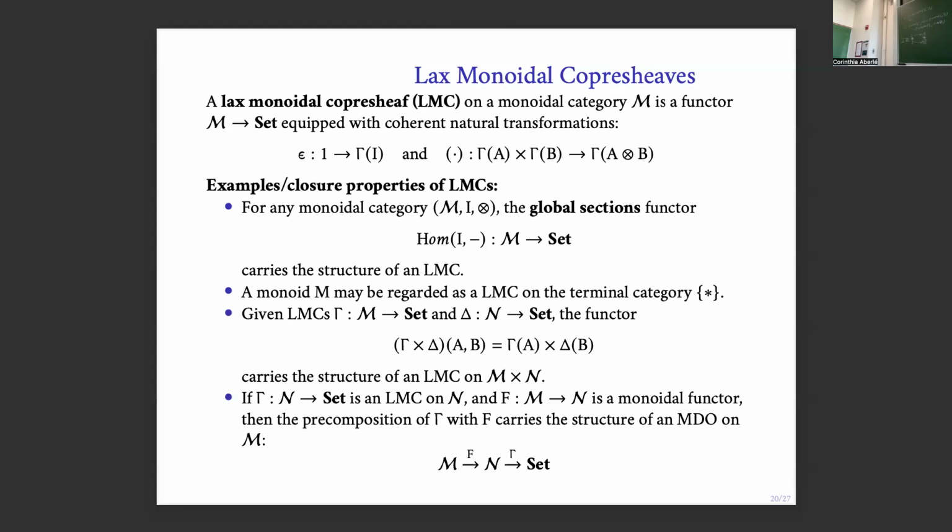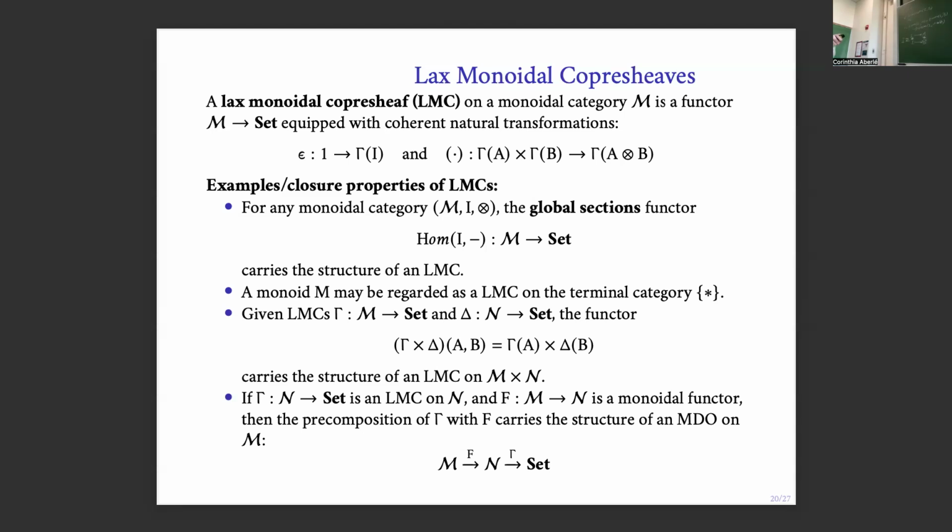If it were not lax, it would have to be that an element of the tensor type A tensor B, or a global section of the tensor type, is exactly equivalent to a pair of global sections of A and B, whereas in arbitrary monoidal categories that doesn't have to be the case.